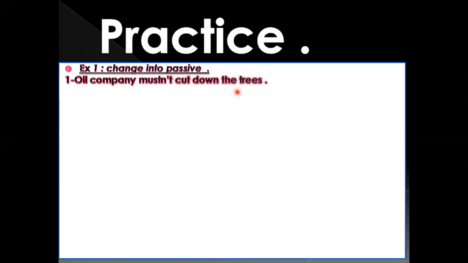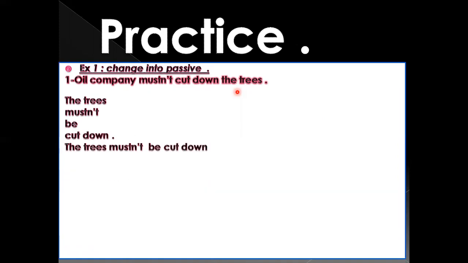To change this active structure into passive, you start the passive sentence with, excellent, the trees. The second step, you use the modal, which is mustn't. The third step, be cut down. So the correct answer will be: the trees mustn't be cut down. You can add by oil companies.